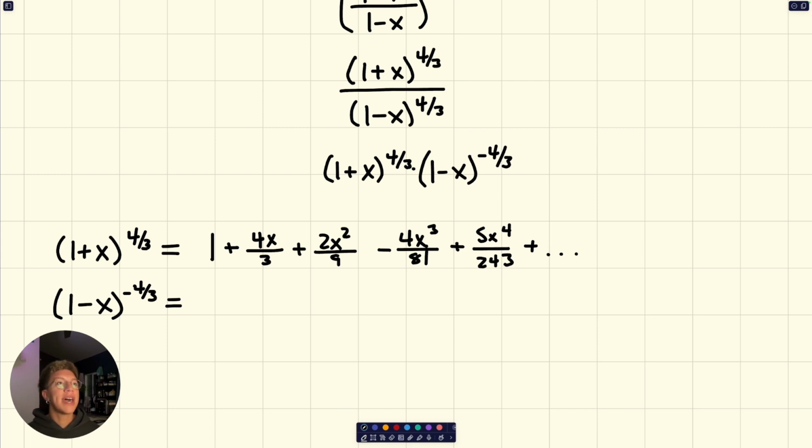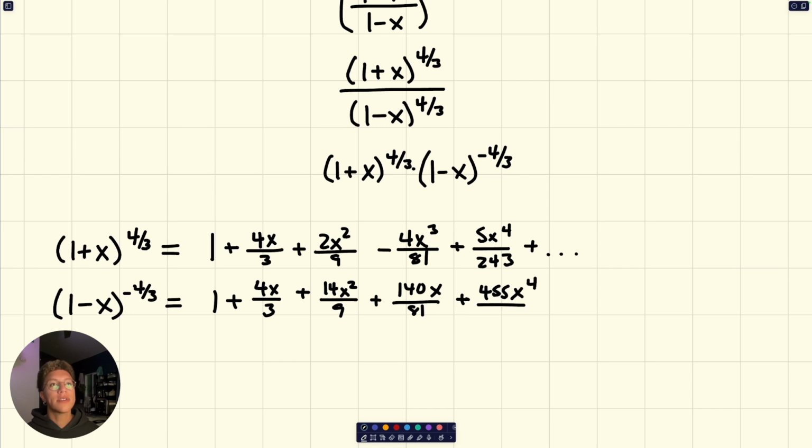And the expansion for that is 1 plus 4x over 3 plus 14x squared over 9 plus 140x cubed over 81. And we'll do one more: 455x to the 4th all over 243.